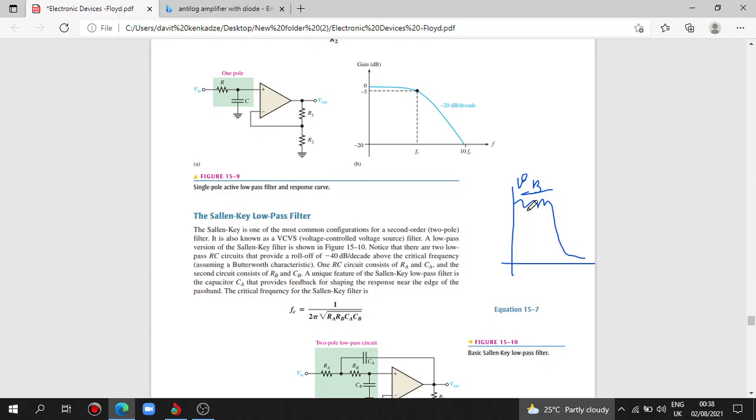For example, the number of ripples is n over 2, and what is n? I don't remember what n is.